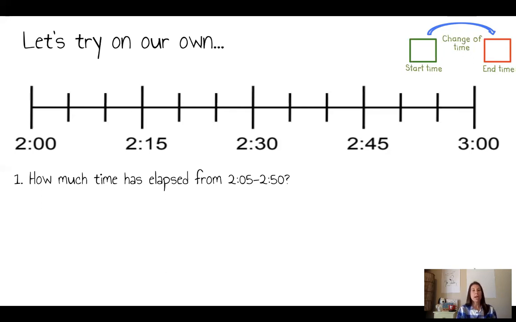How much time has elapsed from 2:05 to 2:50? Okay, so we're looking obviously for the change of time because we have a start time. Go ahead and draw your start time on your number line. And we have an end time. Draw your end time on your number line.